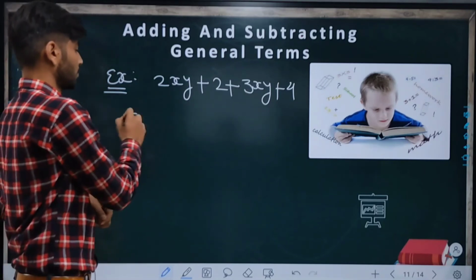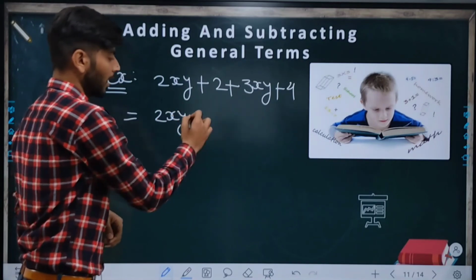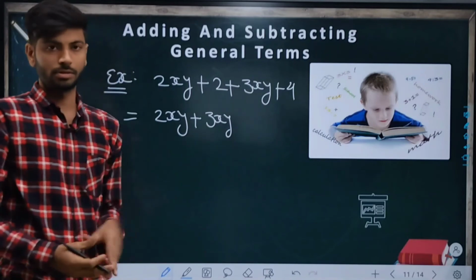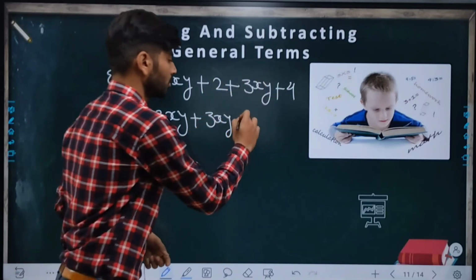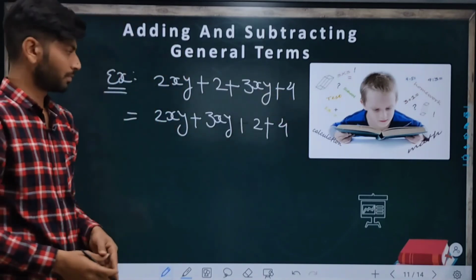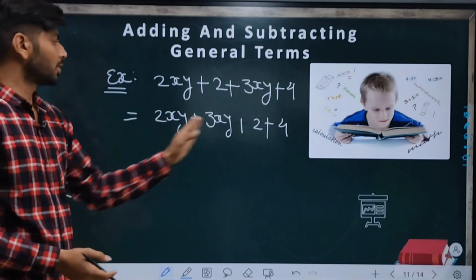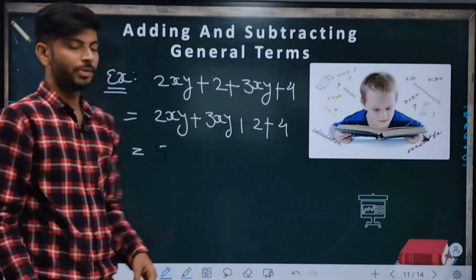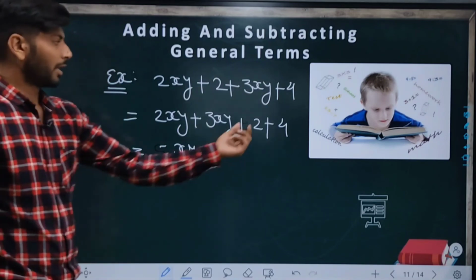First write 2xy and then 3xy. We can add these two terms, and we can add 2 and 4 also. We will add only the numerical values. 2 plus 3 is 5 and put the algebraic value as it is, so 5xy, and then 2 plus 4 is 6.